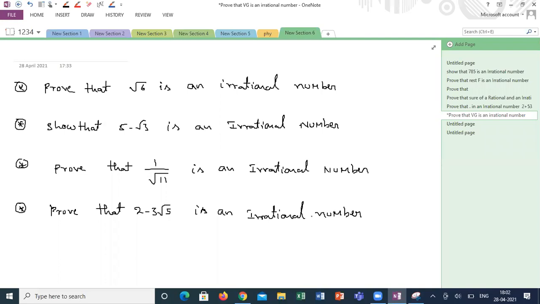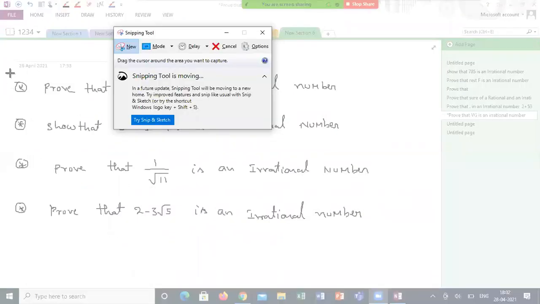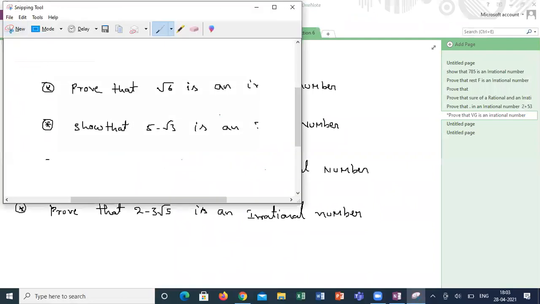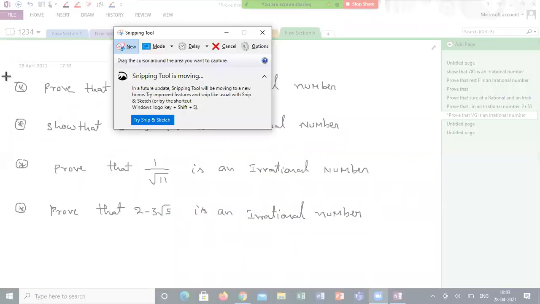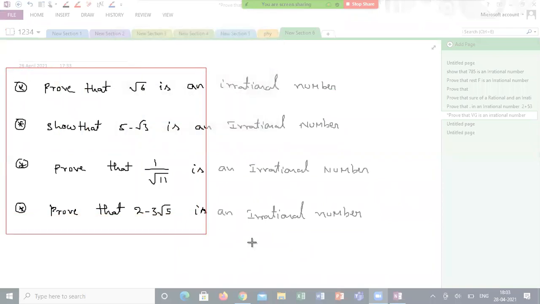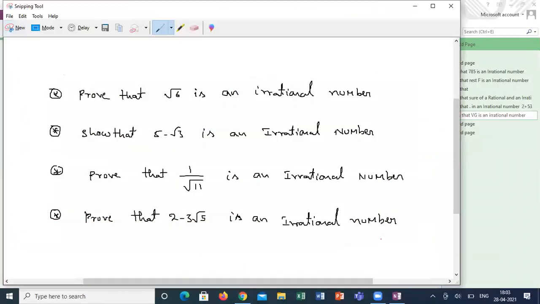You have to give the conclusion statements and explain each and every step, the reason why. It is like a reasoning-based question, I can say. Hope you are clear with the questions. No doubts with the questions. Am I right?